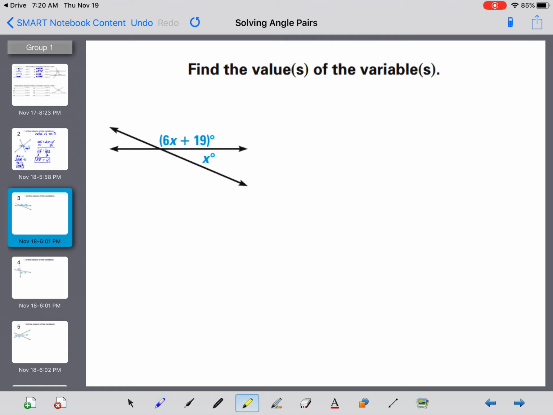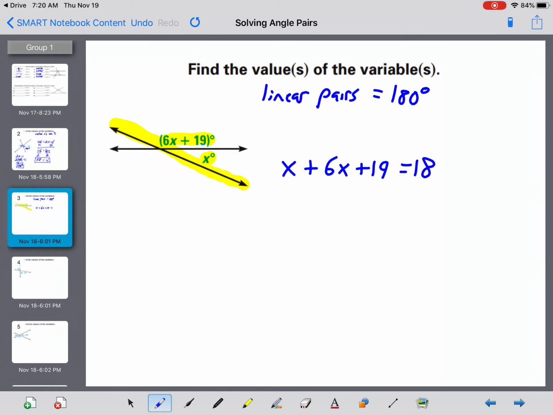Find the value of the variables. Well, here we have 6x plus 19 and x, and these two angles create a linear pair. So linear pairs equal 180 degrees. So we have x plus 6x plus 19 equals 180. My x values are on the same side of the equal sign, so let's combine those.